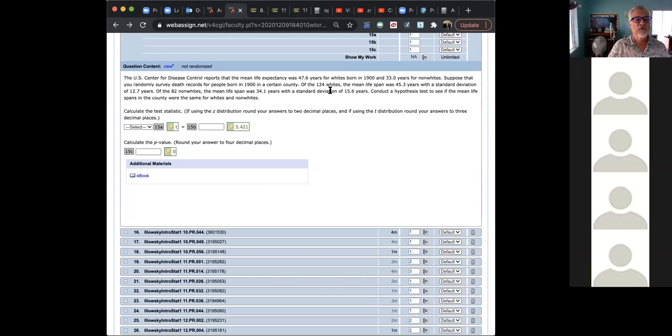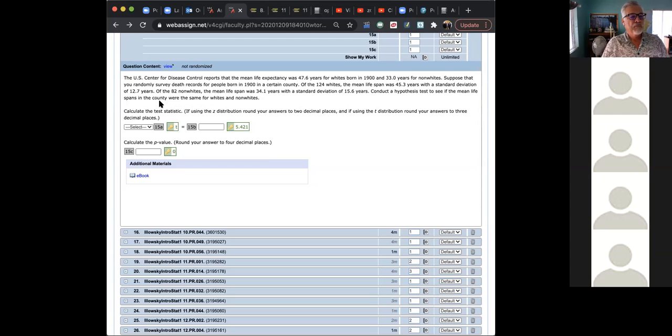Of the 124 whites, the mean lifespan was 45.3 years with a standard deviation of 12.7 years. Of the 82 non-whites, the mean lifespan was 34.1 years with a standard deviation of 15.6. Conduct a hypothesis test to see if the mean lifespans in the county were the same for whites and non-whites. Okay.